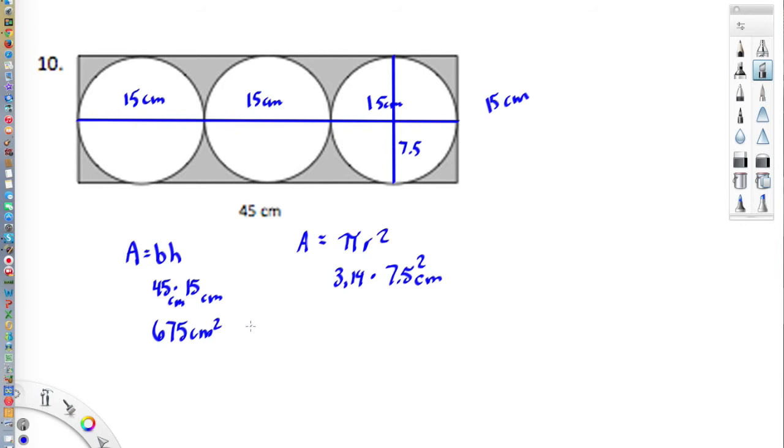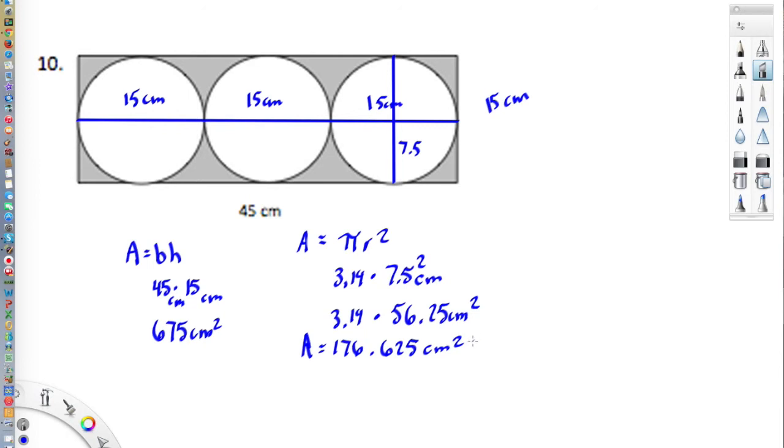If I take 7.5 and square it, I'm going to get 56.25 centimeters squared. And if I multiply that by pi, which is approximately 3.14, I will get 176.625 centimeters squared. So that's the area of just one circle.